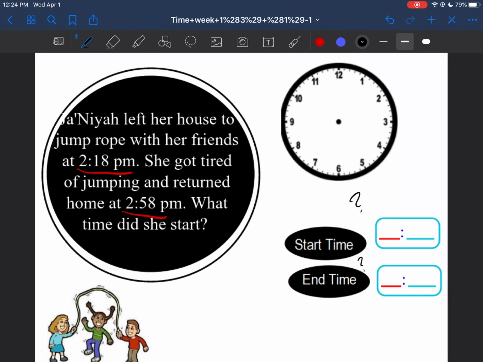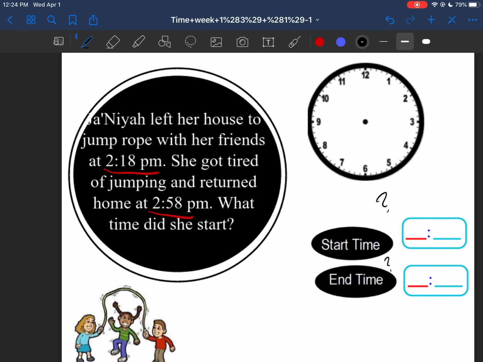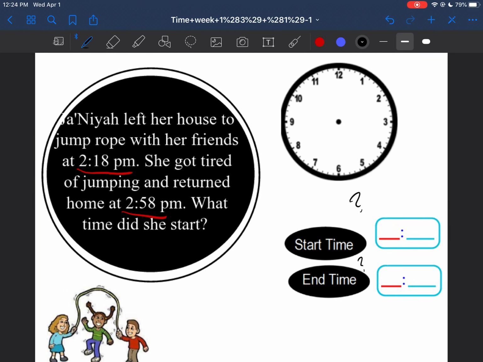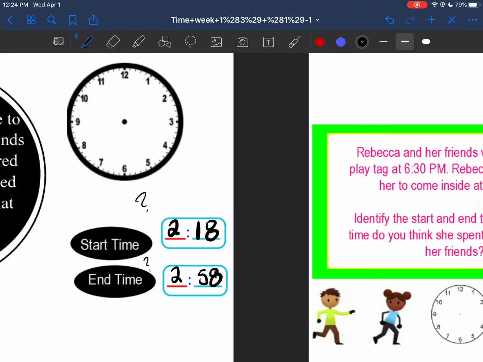What time did Jania start jumping rope? Well, she left her house to jump rope with her friends at 2:18. Our start time is 2:18. She got tired of jumping and returned home at 2:58. So what time did she finish jumping? 2:58. We now know our start time and our end time.